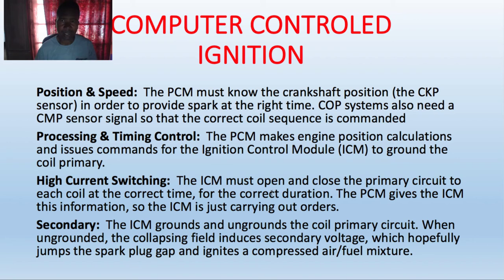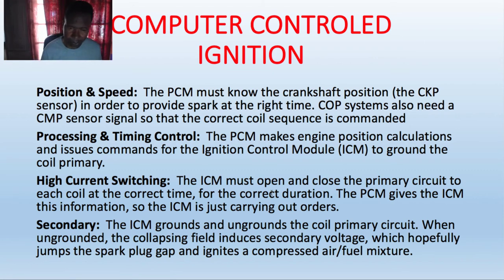That's basically what I said earlier. When you lose the ground, either from the points, ICM, or PCM, the primary current stops flowing, the primary field collapses and cuts across the secondary windings, then you get voltage out of the coil to the spark plugs, which hopefully jumps the spark plug gap and ignites the compressed air-fuel mixture.